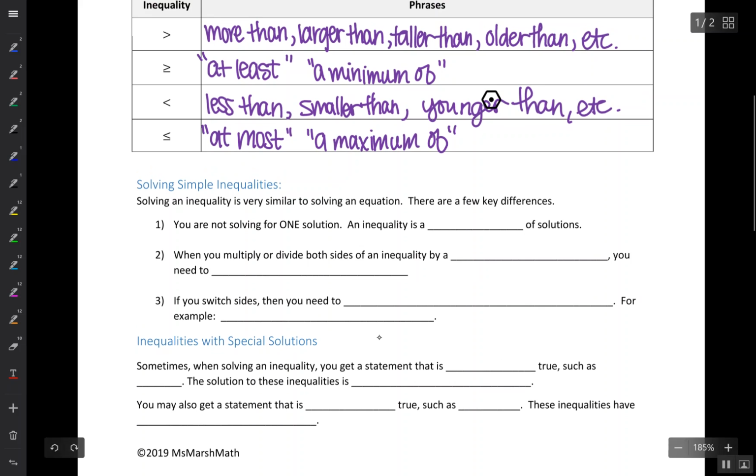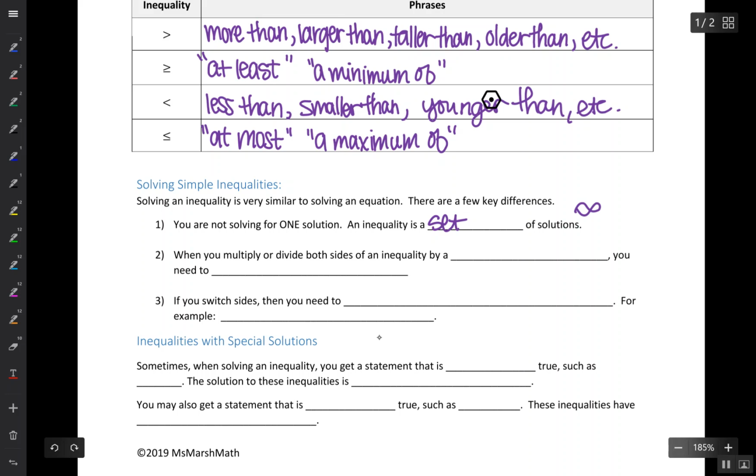And equations have one solution. Inequalities have a lot of solutions. So you're not solving for one solution. An inequality is a set of solutions. So it's usually an infinite number of solutions. You can't count them, there's so many. So that's why we graph them, to show all the solutions.